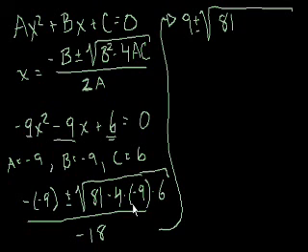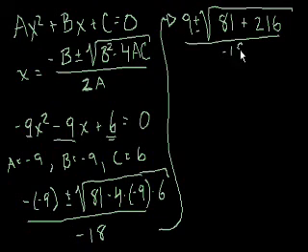And then positive 36 times 6 is, let's see, 30 times 6 is 180, and then 180 plus another 36 is 216. Plus 216. Is that right? 180 plus 36, right, is 216. All of that over 2a. 2a, we already said, is minus 18.